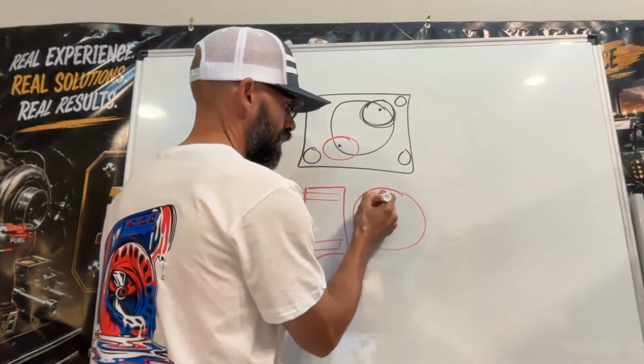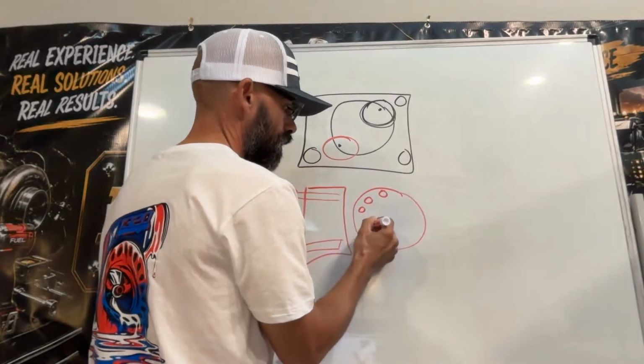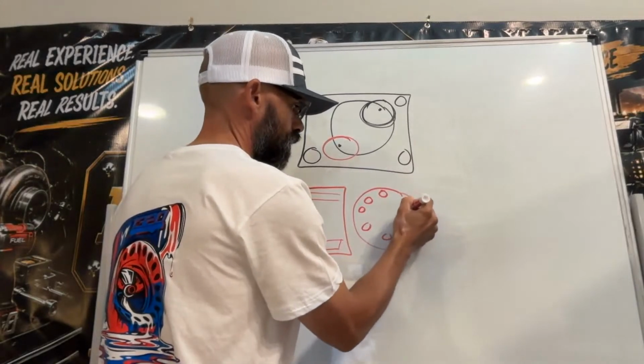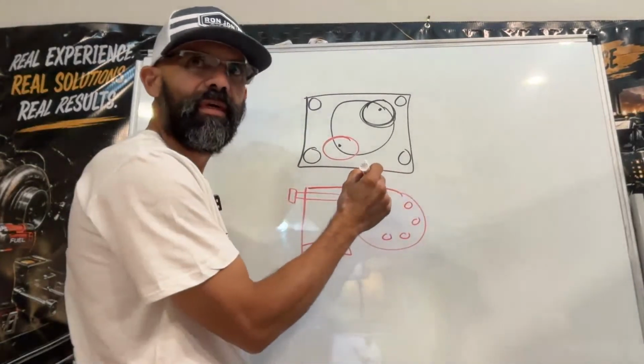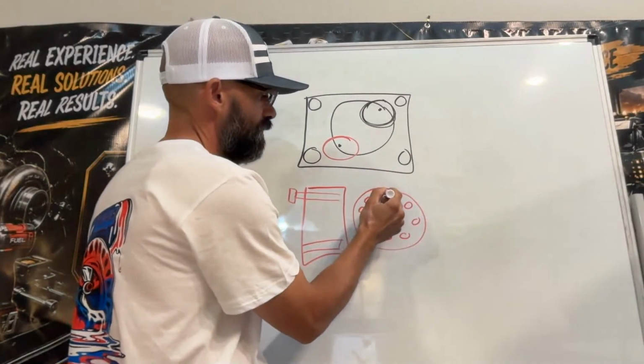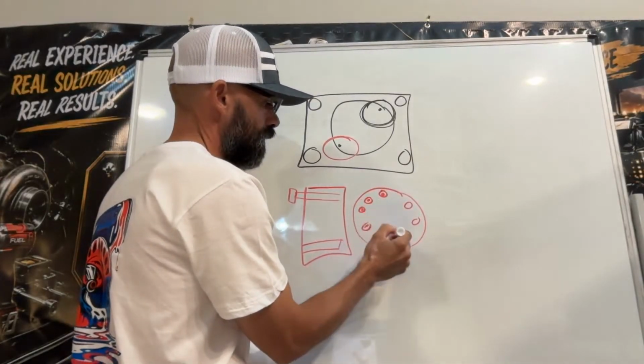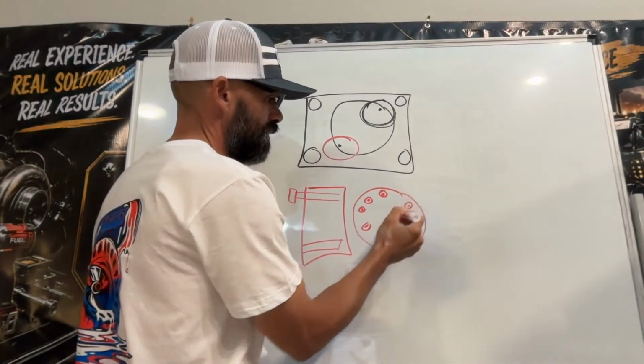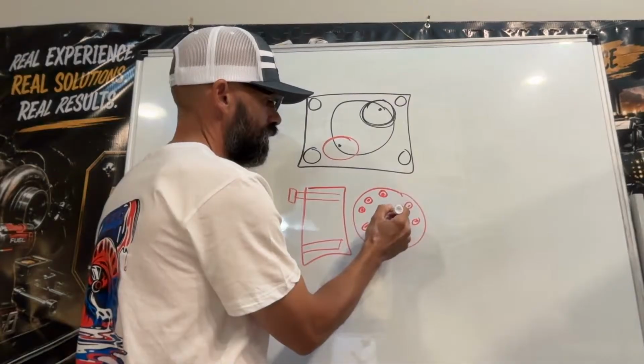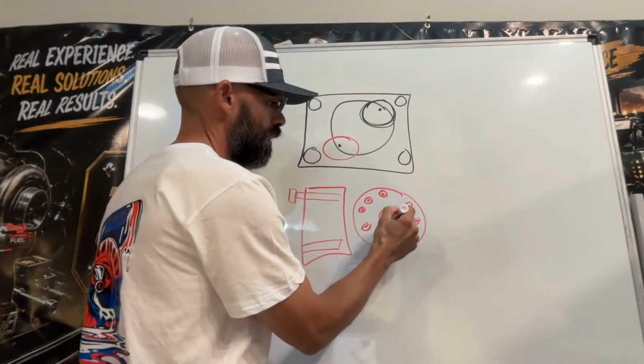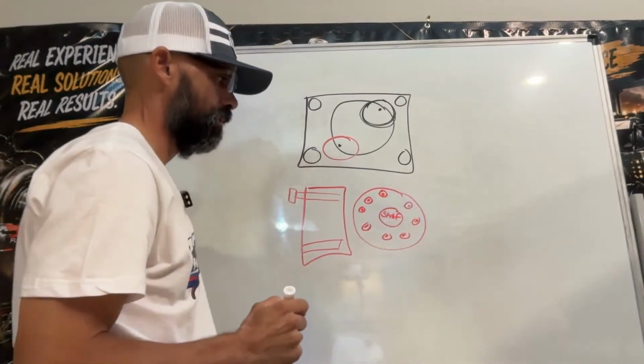It has the barrel and the holes for your bullets. So right here is where you have the slippers or the pistons. The middle is where the shaft goes, the shaft of the pump.